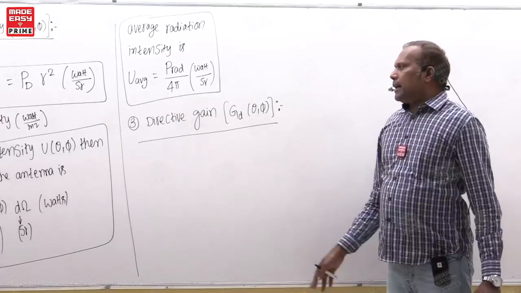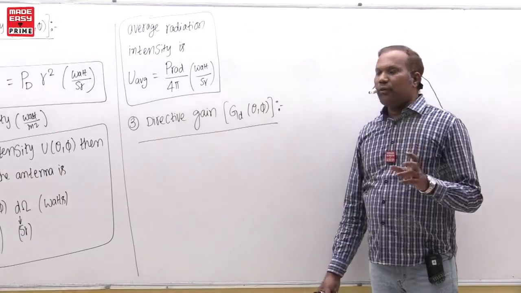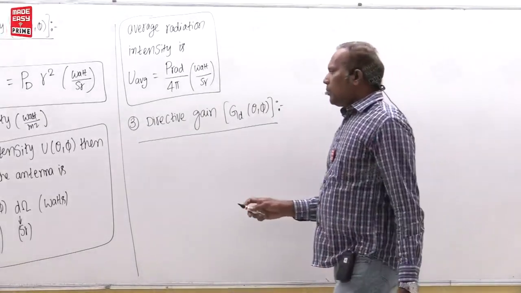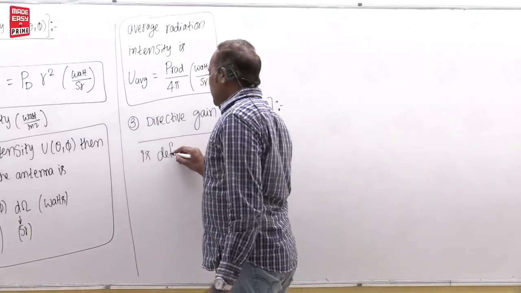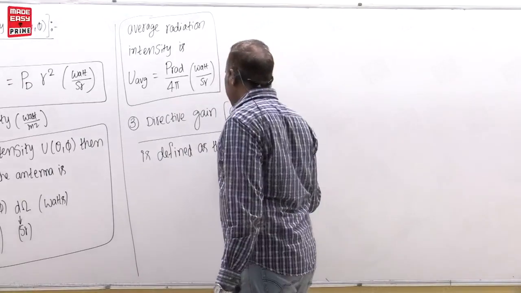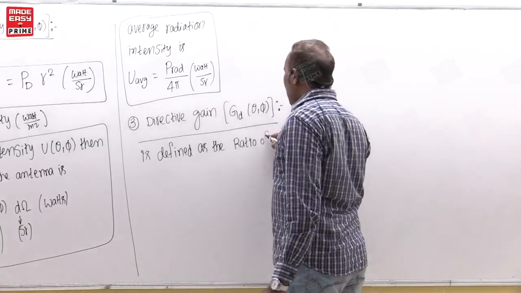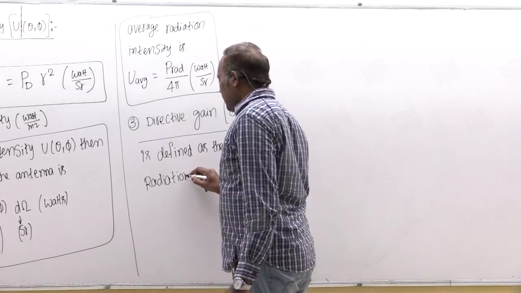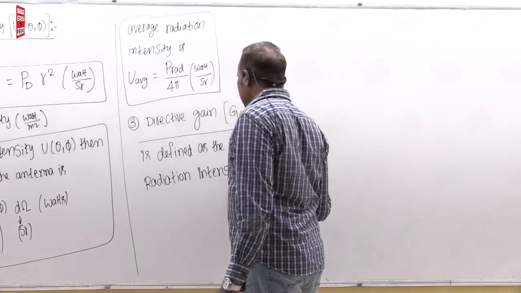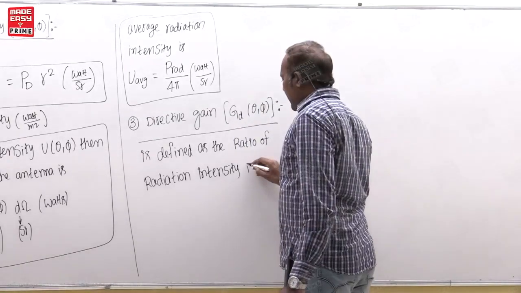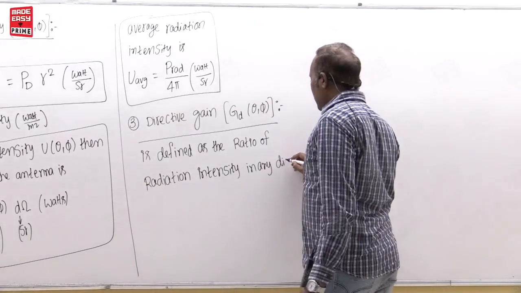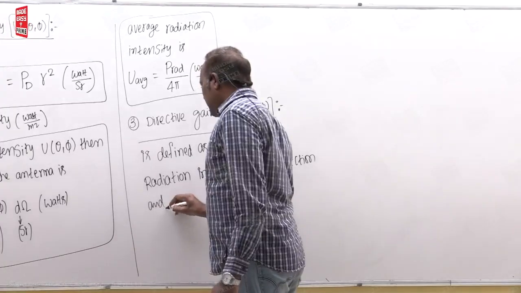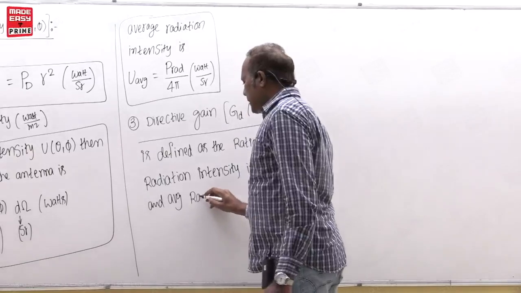It is defined as the ratio of the radiation intensity in any direction, or the given direction, to the average radiation intensity.